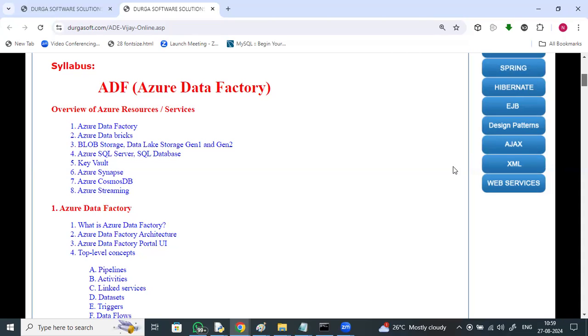If you don't want to spend that much time, you can go parallelly with ADF and ADB, so that it will decrease the time. That facility is there. Otherwise, you can go one after the other if you can spare around 3 months. Otherwise, you can go ADF, or you can go Azure Databricks.